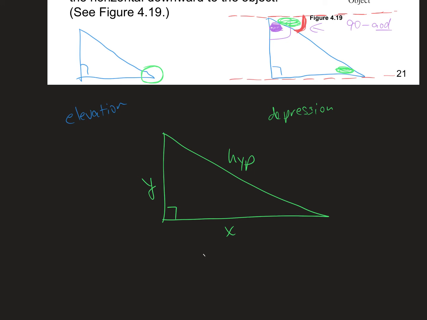The X. This is usually distance away. All right, I'm just giving you guys some things to kind of think about. If I want to know how tall something is, the height of, what letter am I looking for? The Y. Okay, this is usually tall, height, something like that.